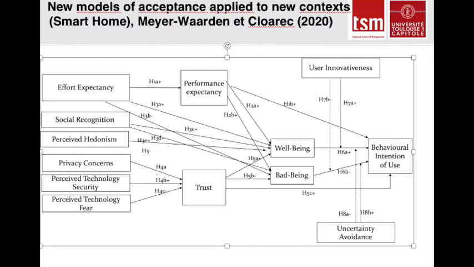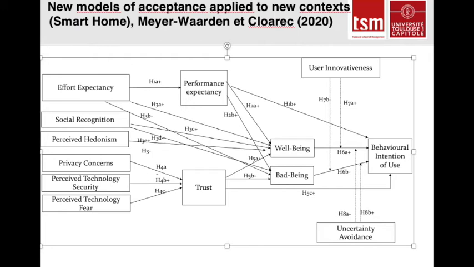So the more customers trust a smart home, the lower the privacy concerns are, that is, the data will be collected and used safely, the higher the security, so that it will not harm the health of the user, and the lower the technology fear, the higher the trust, and thus, finally, the intention to use.